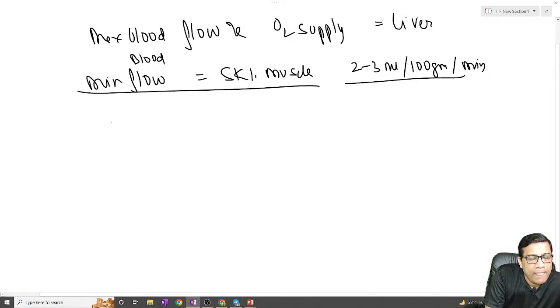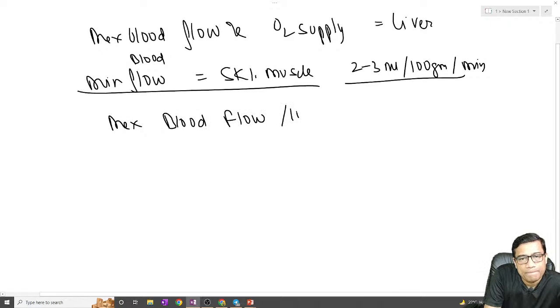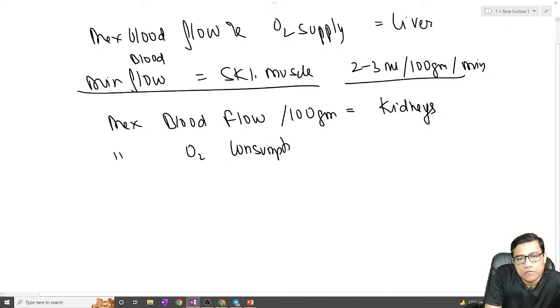Then if they ask you which organ is having what: maximum blood flow per 100 gram, the answer here is which organ? Kidneys. Almost 400. And if they ask you maximum oxygen consumption per 100 gram, the answer is heart, not the brain.